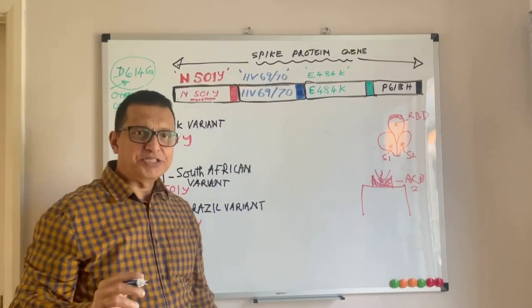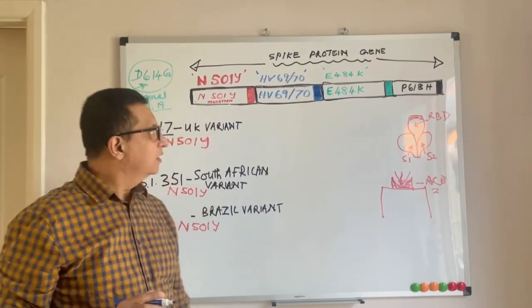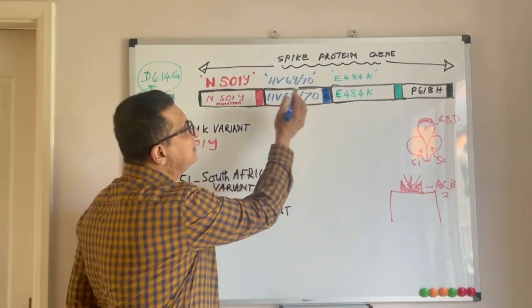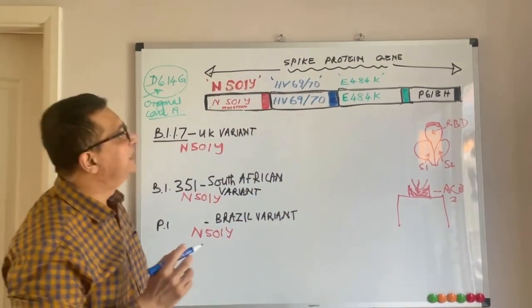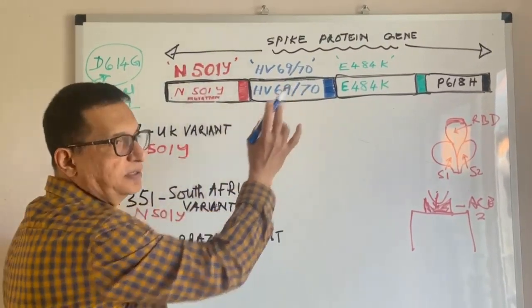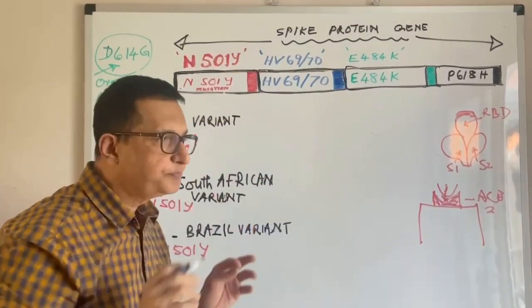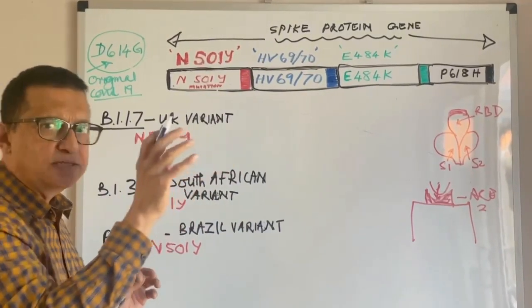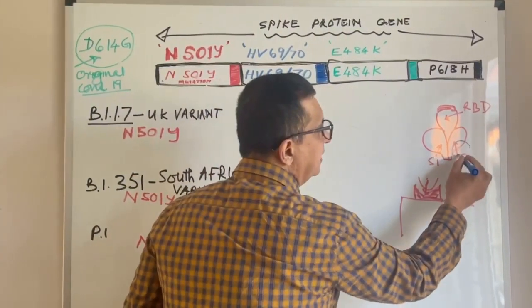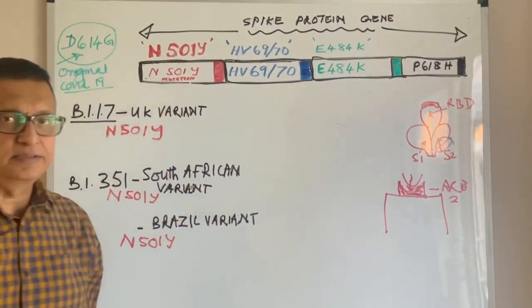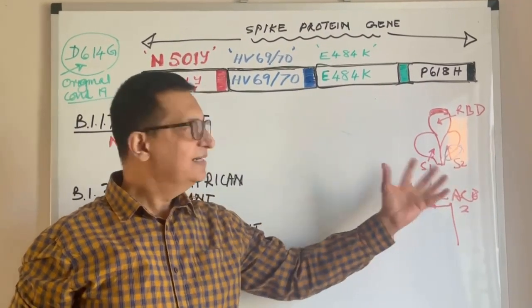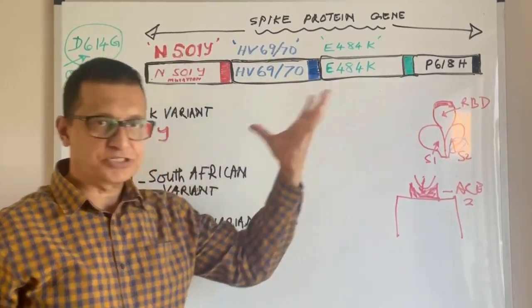The next mutation that I'm going to discuss now is the HV69-70 deletion. This is a deletion of a particular pattern of these base molecules, and by which the shape of the S protein is altered, or the morphology of the S protein is altered to a certain extent.